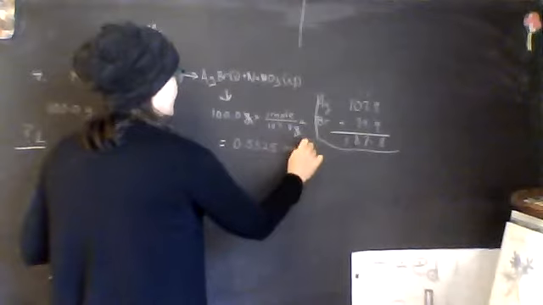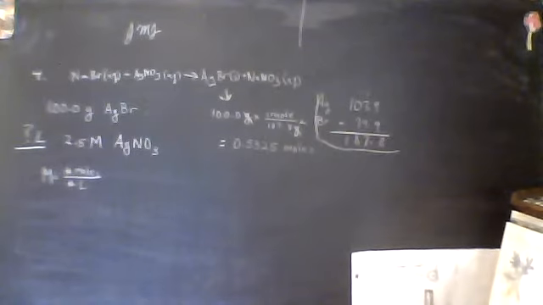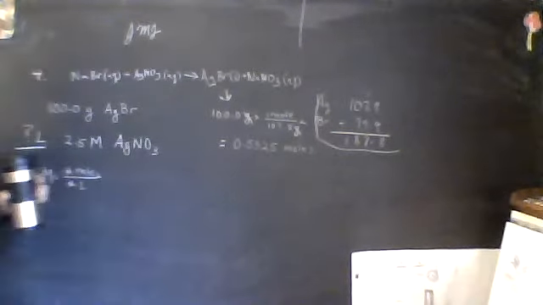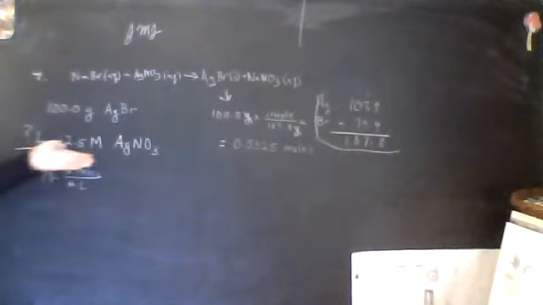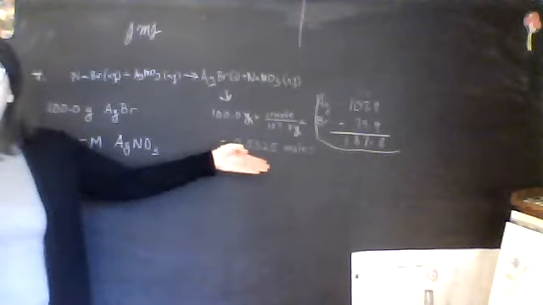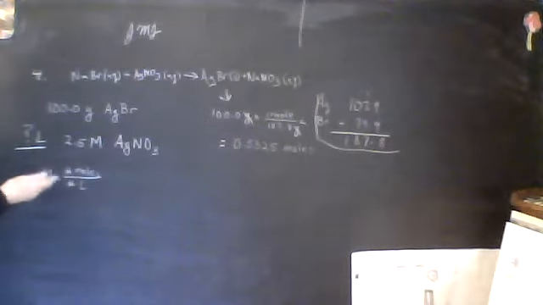Are you sure about that? So you divided 100.0 by 187.8. Excellent. So 0.5325 moles. So now we know how many moles of AgNO3 we've used. How many, Martin? 0.5325. Exactly.